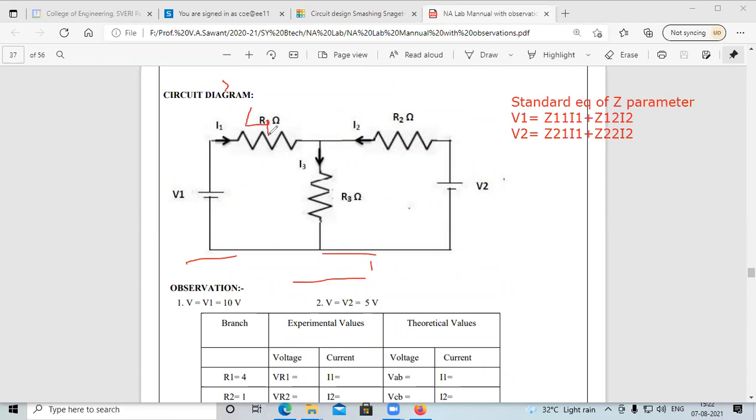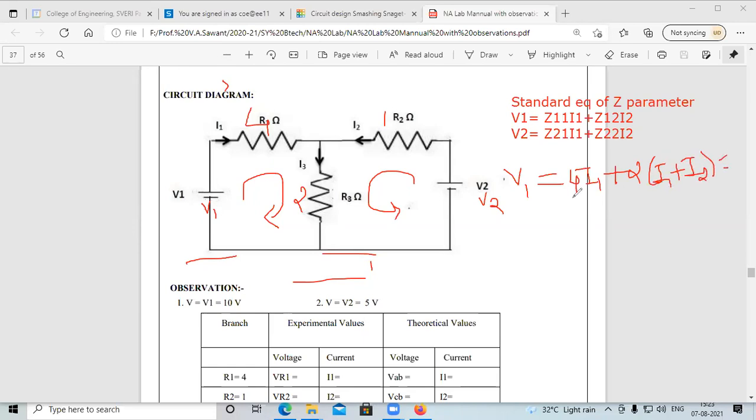This resistance is 4, this resistance is 1, and the value of R3 is 2 ohm, with V1 and V2 as they are. Now, when we apply KVL to mesh 1, the equation becomes V1 is equal to 4I1 plus 2I3. Taking the direction anti-clockwise, write 2I3, or I1 plus I2, that is 2 times (I1 plus I2).